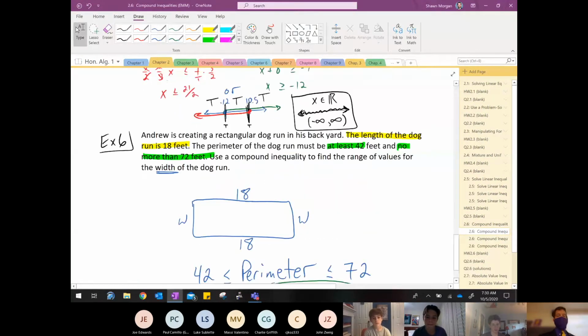Did you catch that I scooted the problem up so that you guys couldn't see the word? Did you notice the word that they used right there? It was sitting there in broad daylight telling you, hey, this is a compound inequality using the conjunction "and," okay? So both of my green requirements have to be true.